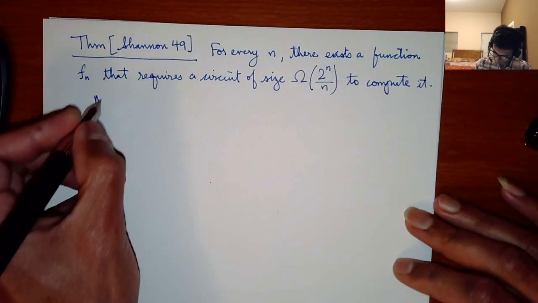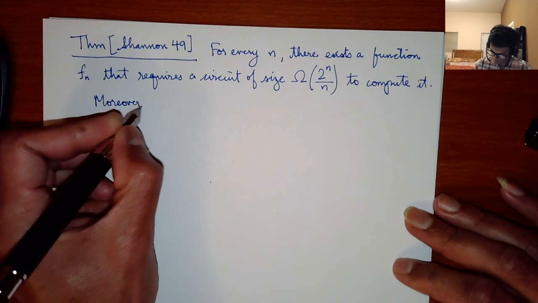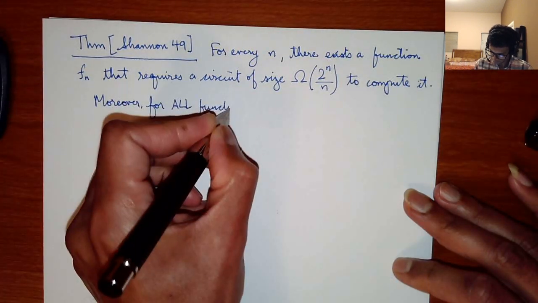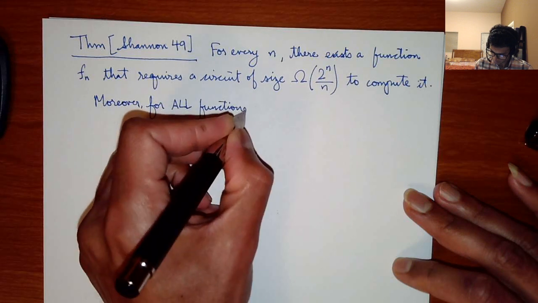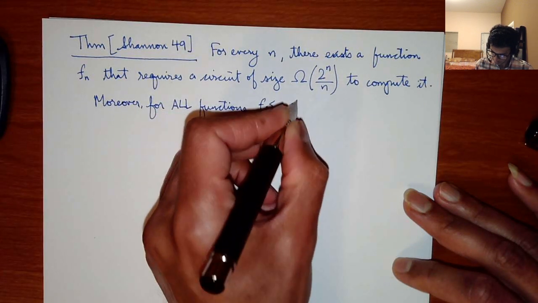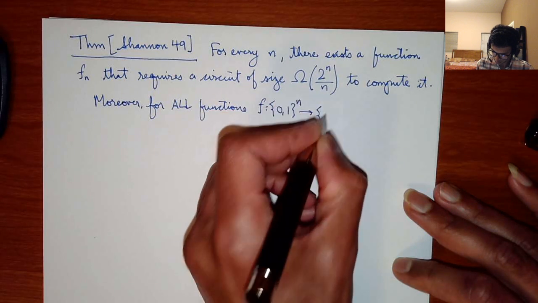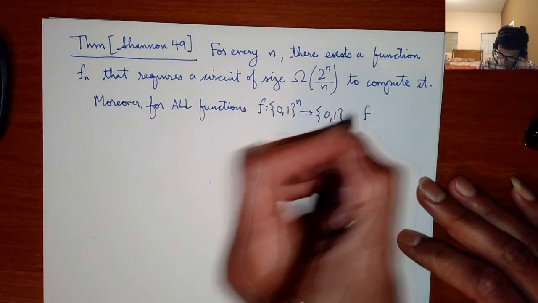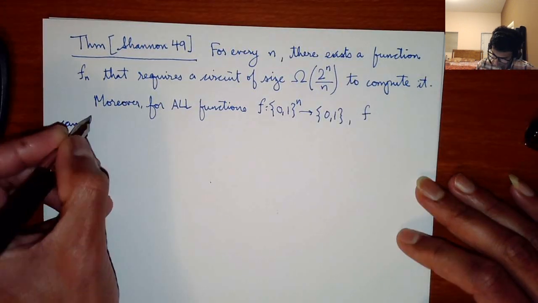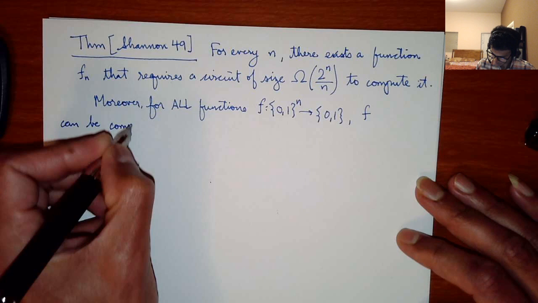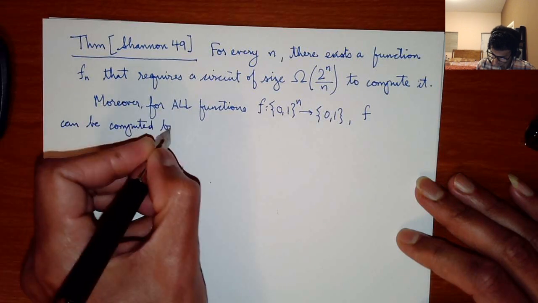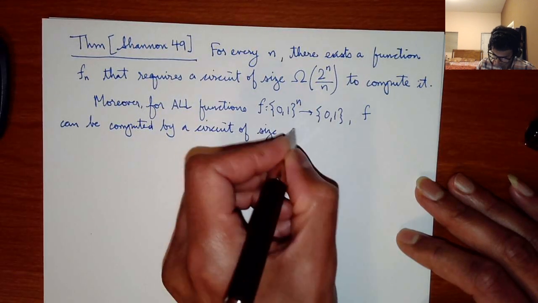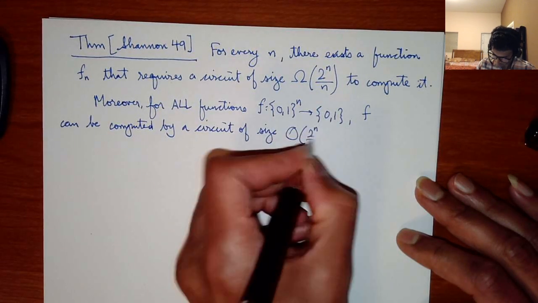Moreover, for all n-bit functions f from {0,1}^n to {0,1}, f can be computed by a circuit of size O(2^n / n).